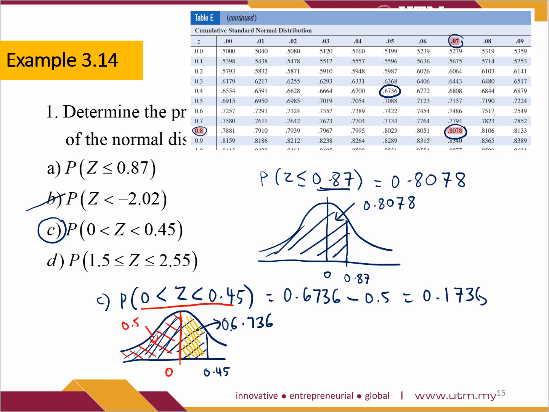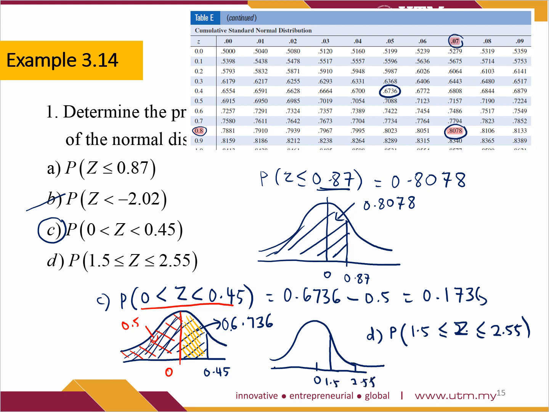Okay, so the same application for D. D is finding the interval between 1.5 and 2.55. So the area would be on the right side. This one would be 1.5 for example, and here is 2.55.